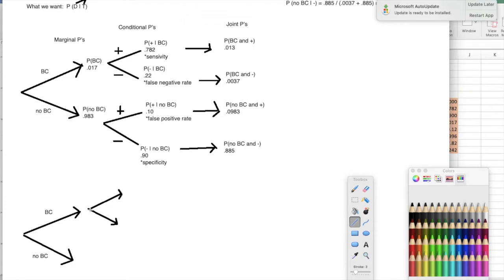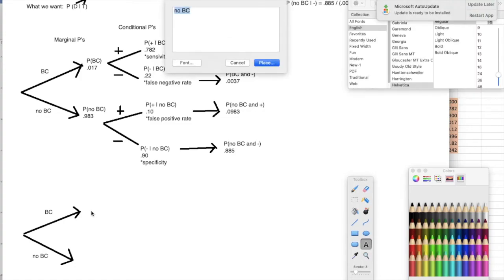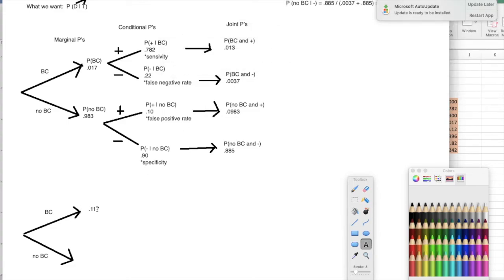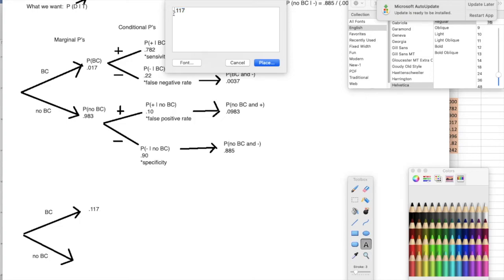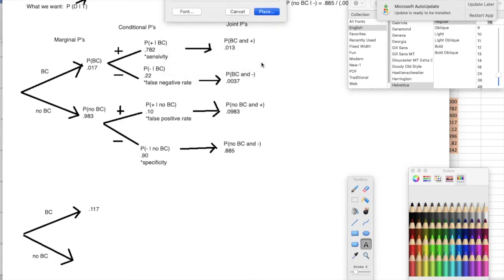So now their probability of having breast cancer increases to 11.7%. I'm actually going to say probability of breast cancer. Yeah, like that.